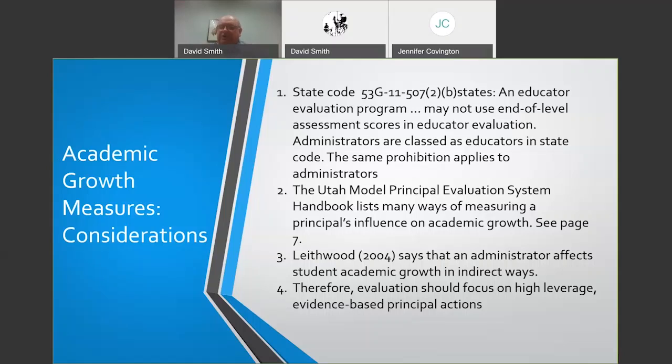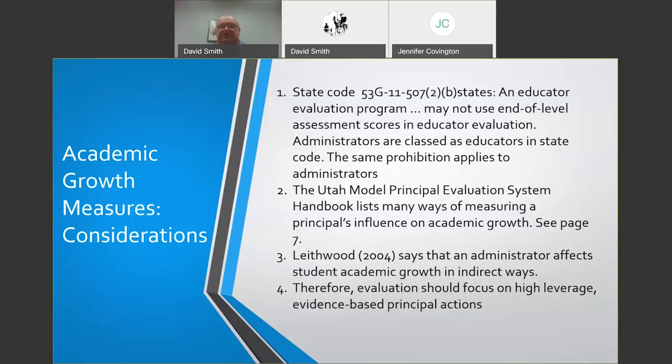We also know, by the way, if you look down to number 3, that Leithwood, and there are many others, this is Ken Leithwood from the University of Ontario, who worked with the province of Ontario on the Ontario Leadership Framework. His research says, and we know this, that an administrator affects student academic growth in indirect ways.